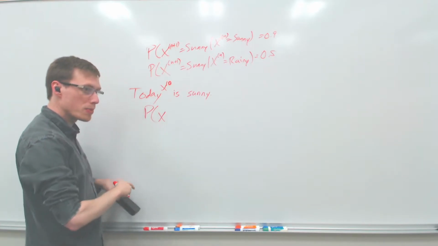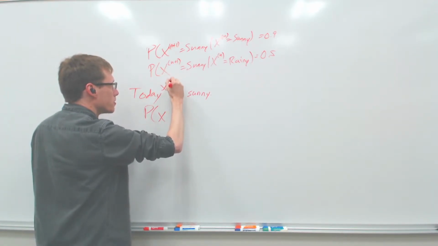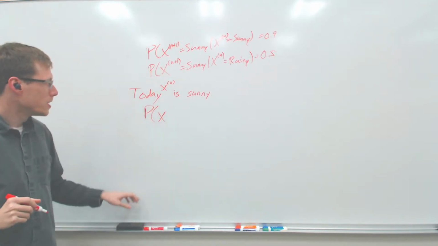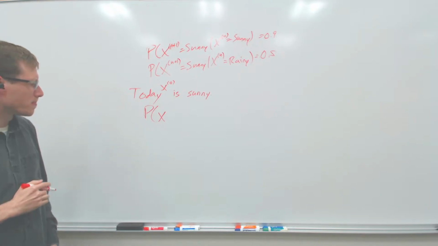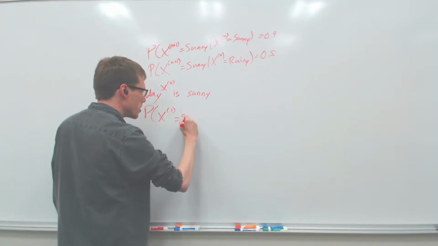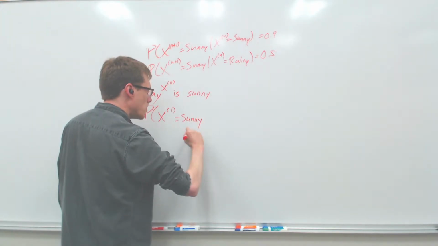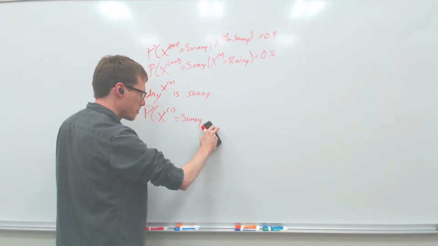This is computational economics, so everything starts at 0 for us. So x0 equals sunny. Now, what's the probability x1 is sunny, given that x0 is sunny?